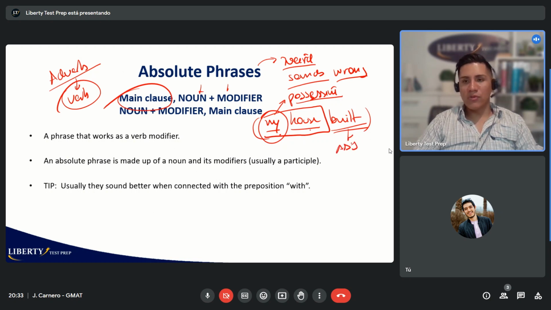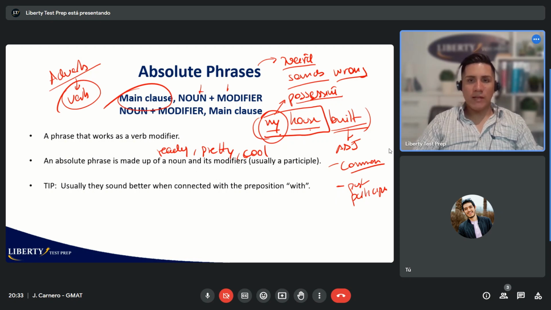That adjective is normally either a common adjective, like ready, pretty, cool, words that are only adjectives and nothing else, or it could also be a past participle, like built. Built is a past participle. So that's the structure of this absolute phrase.